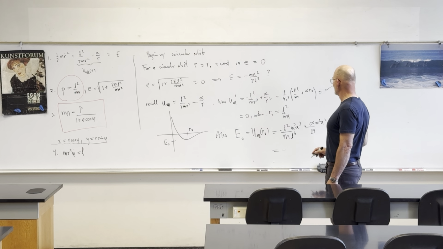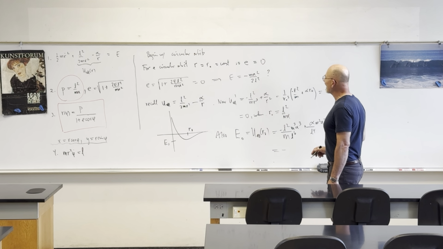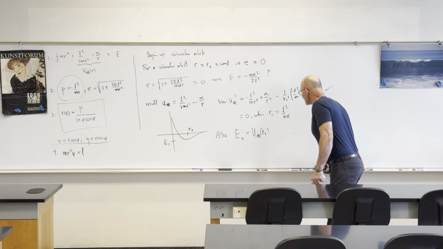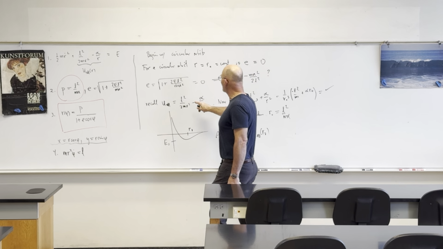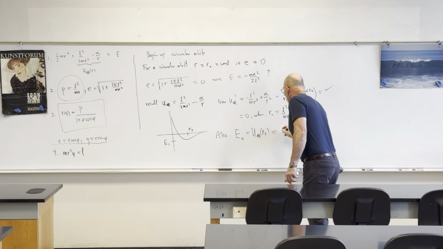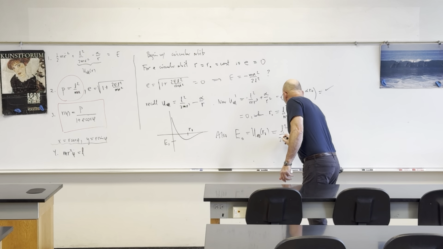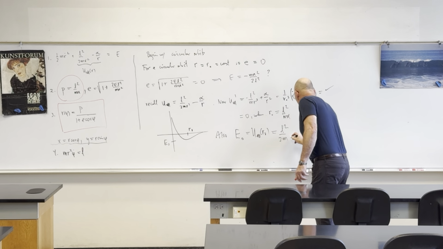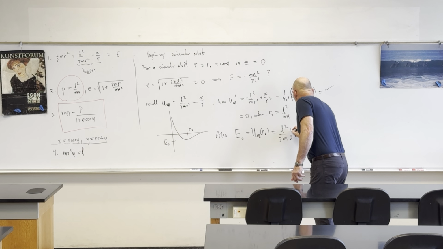What this should be is L squared over 2MR squared minus alpha over R. Yeah, you know what, I'm mixing up my metaphors. I'm going back to U. Actually, there we go, so that was the problem. So it's L squared over 2M and this R naught squared, which is L to the fourth over M squared alpha squared.